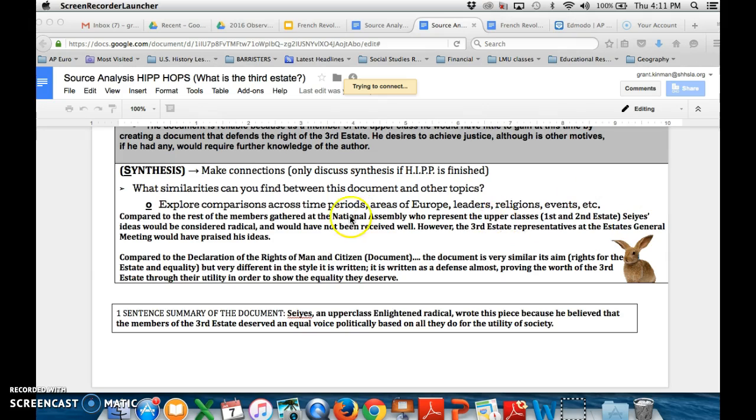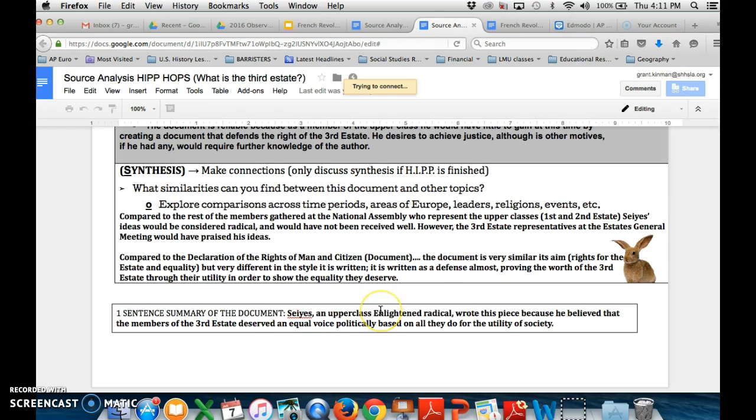The Estates General meeting with Sieyès and the rest of the members. So I compared Sieyès to the rest of the members of the National Assembly. And then I compared this document to the Declaration of Rights of Man and Citizens. So you just choose an event and a document and compare.